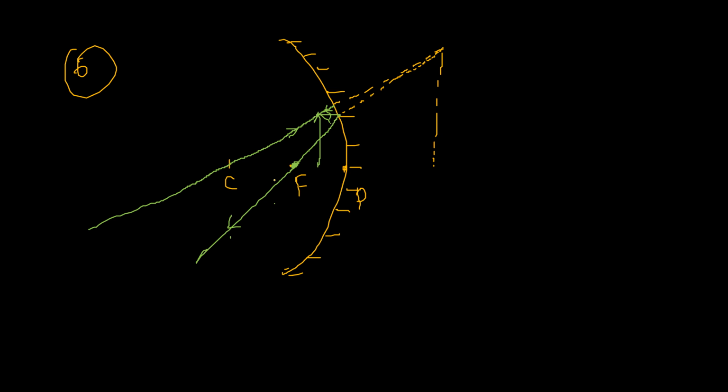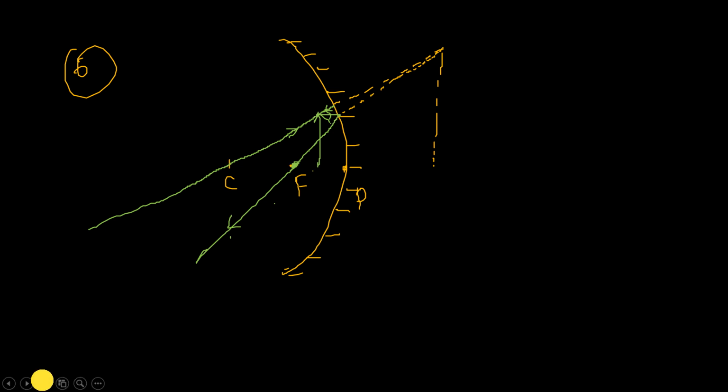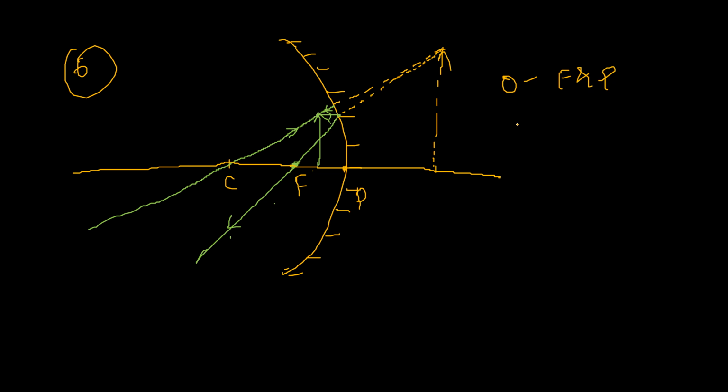So image will form behind the mirror. Object between F and P. Nature of the image is virtual and erect, because it is behind the mirror.